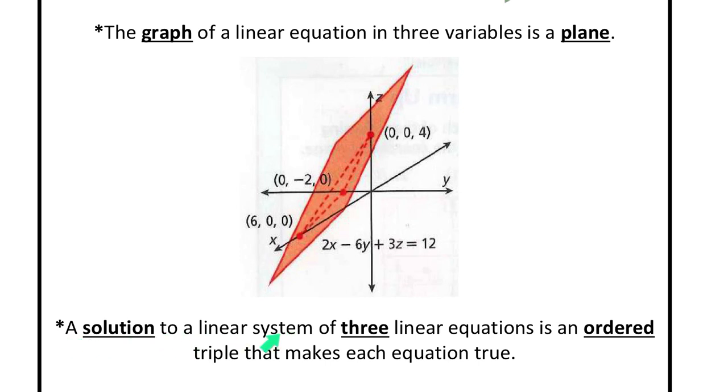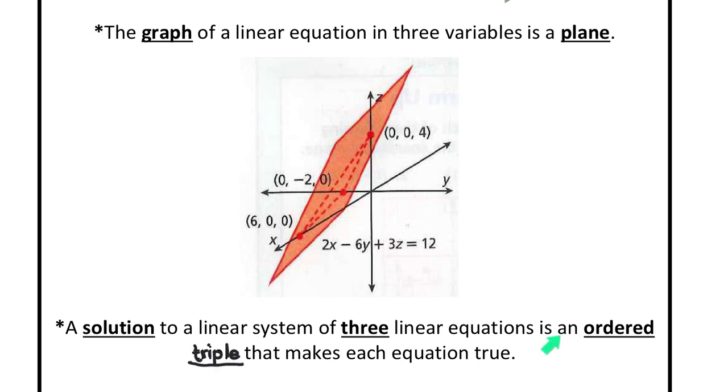A solution to a linear system of three linear equations is an ordered triple. This word triple should have been underlined and bold. That's all right, I'm just underlining and bolding it.